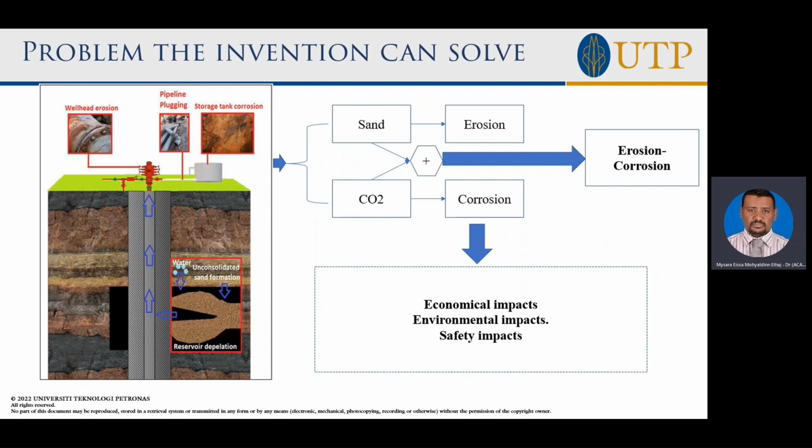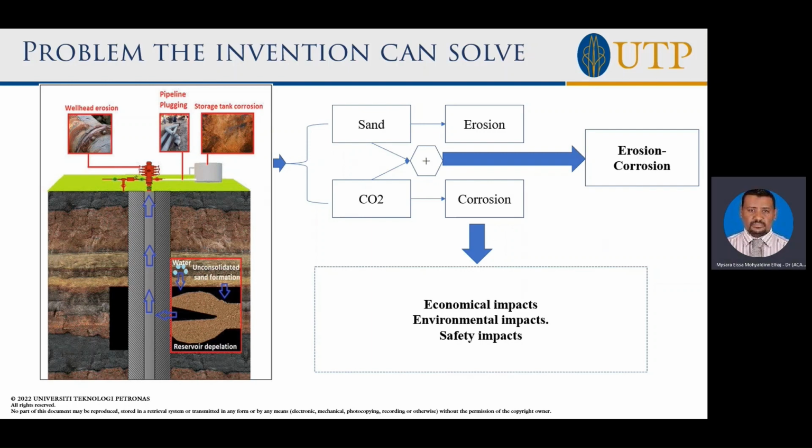If we have pure sand, then we'll be having pure erosion. If it is pure CO2, then it's called CO2 corrosion. But if we have a mixture of sand or coexistence of sand plus CO2, this may cause very high degradation, and it's called erosion corrosion.